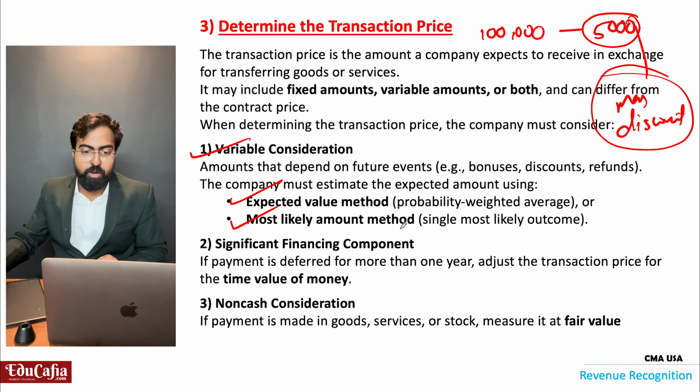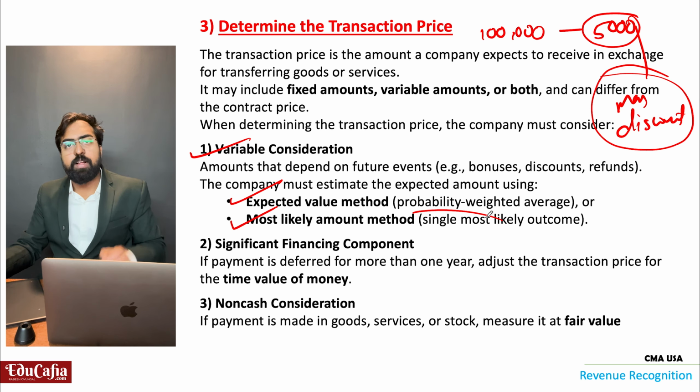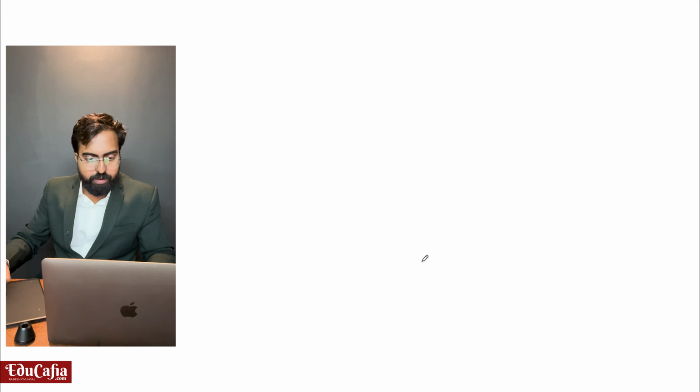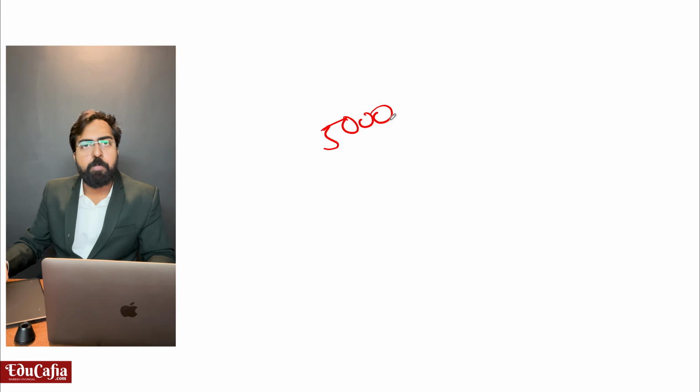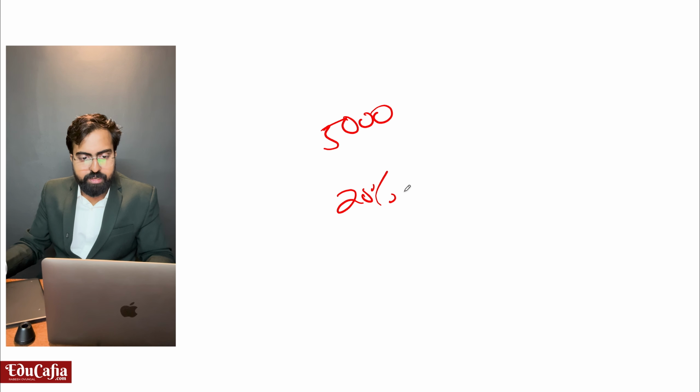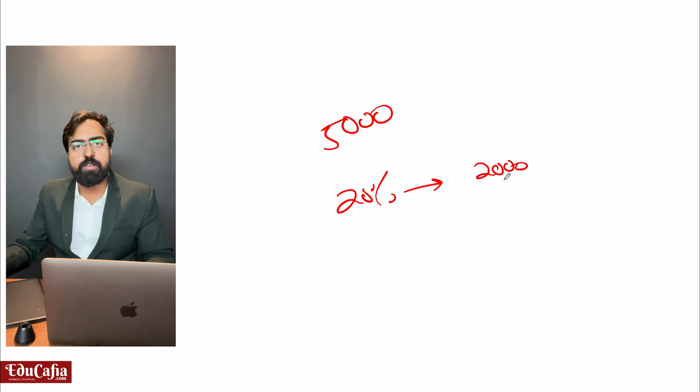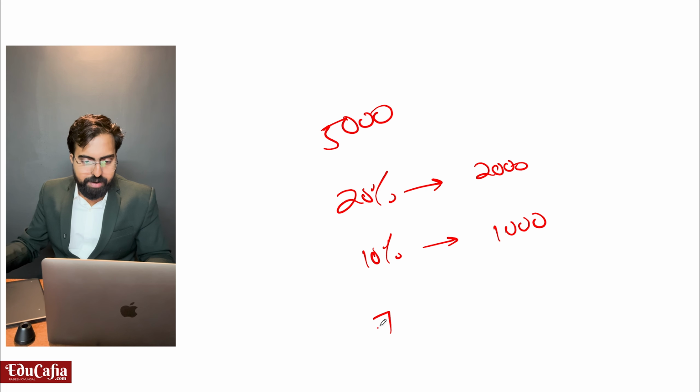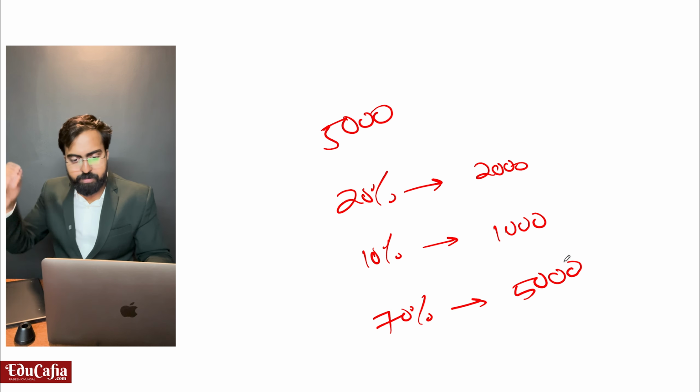The expected value method is probability weighted. For example, in this 5,000, 20% I will give 2,000 discount, or 10% I will give 1,000, or the balance 70% I will give 5,000.